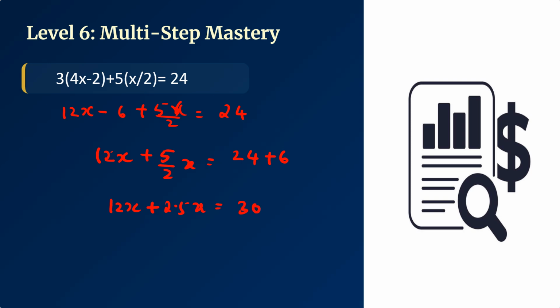So 12 plus 2.5x will give you 14.5x is equal to 30. Now 14.5 is getting multiplied with x. When you take it to the other side, it gets divided. So when you use your calculator, you can divide that and get the answer in decimals. I hope this is clear.